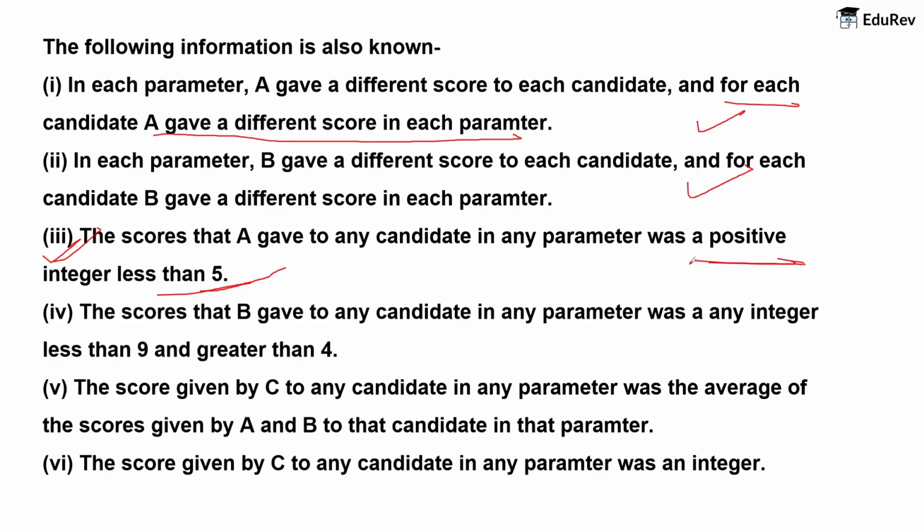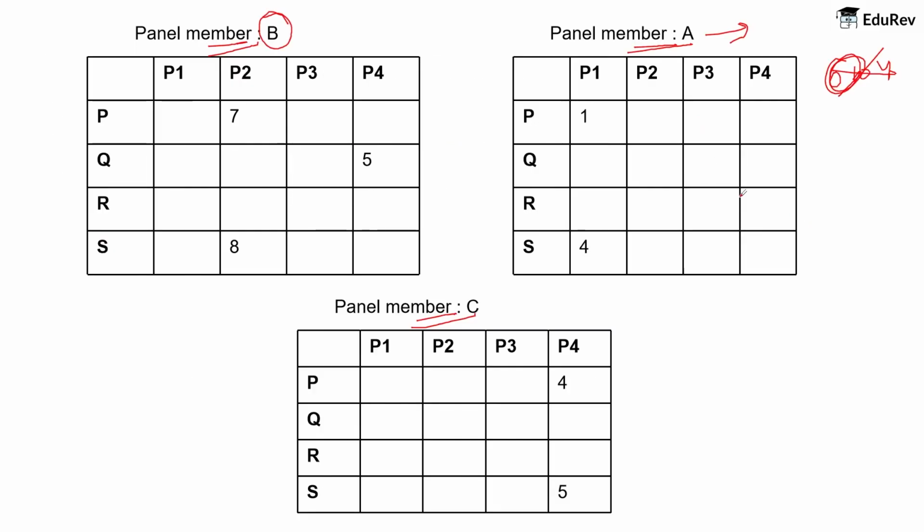Because it is written positive integer less than 5. Is 0 positive? No, 0 is neither positive nor negative. It is a special kind of integer which we do not consider in the positive category as well as negative. So the only possible scores given by panel member A are 1, 2, 3 and 4.